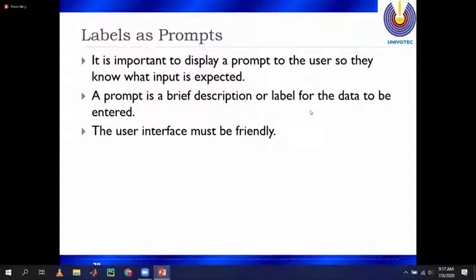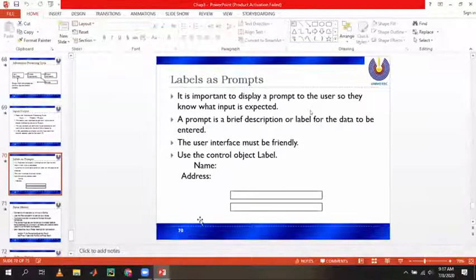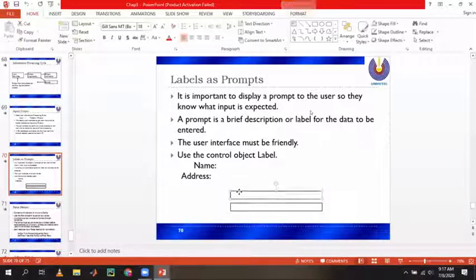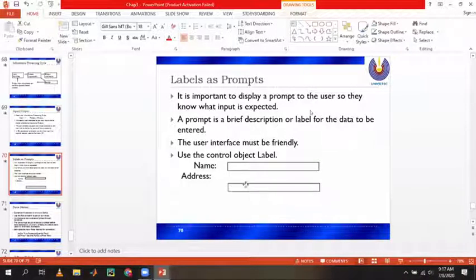The user interface must be user friendly. Use the control object label. If you want to take a name and address, you can give two input boxes, name and address. This is the text box you can use.